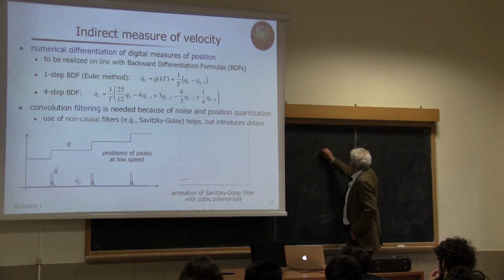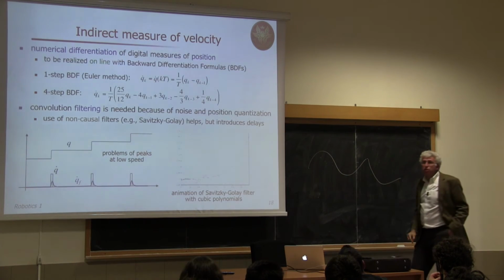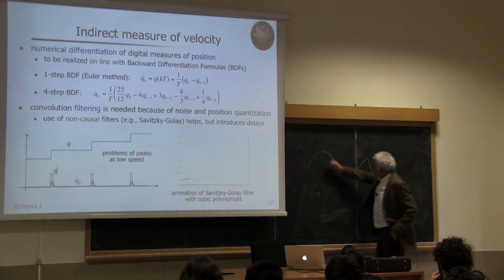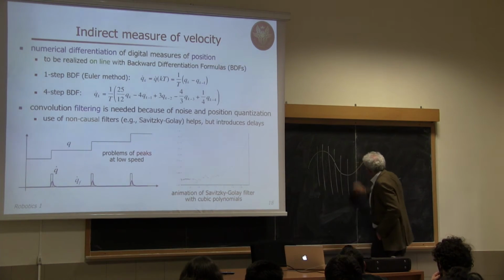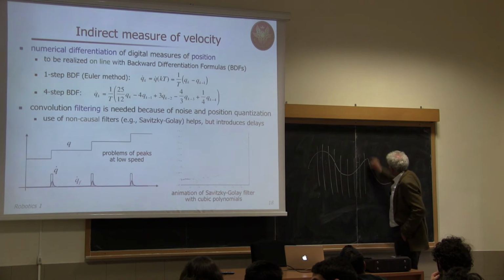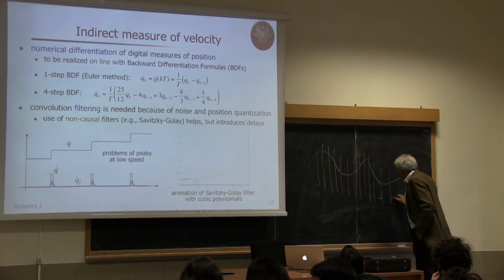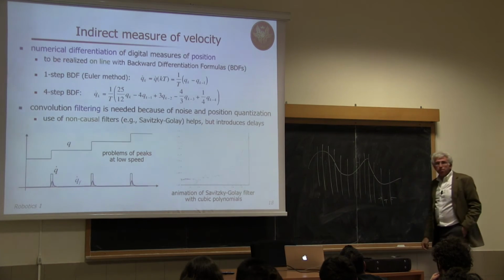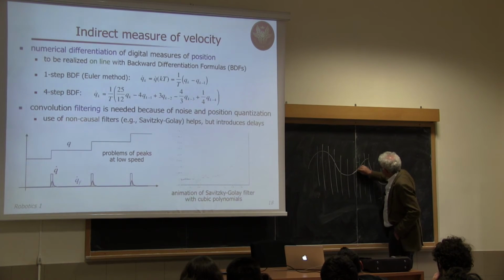For instance, suppose that this is your signal, and here you have a sharp change. And now you sample this position signal, and you have a period of T. Now here, you're estimating this derivative by using this sample, and maybe also this sample.